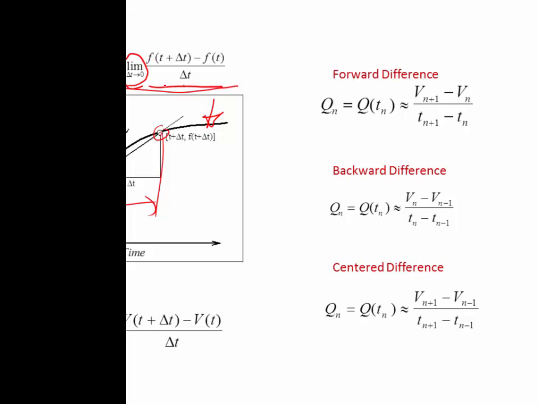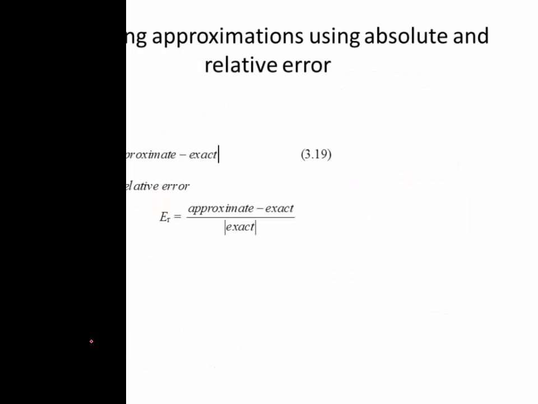We're not letting delta t actually go to 0. We're just saying delta t is going to be some small number. It's an actual finite increment, but a small one. And if that's the case, then this expression here becomes a reasonable approximation for the derivative. That's essentially what we're up to.